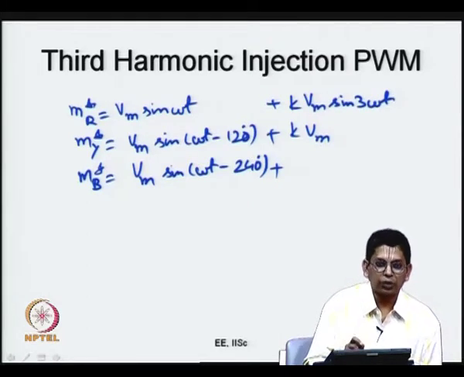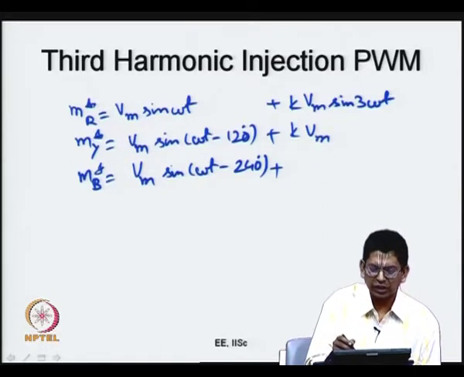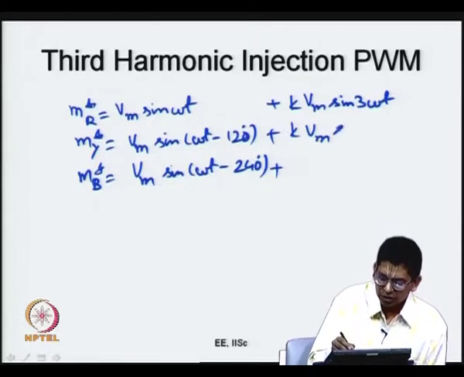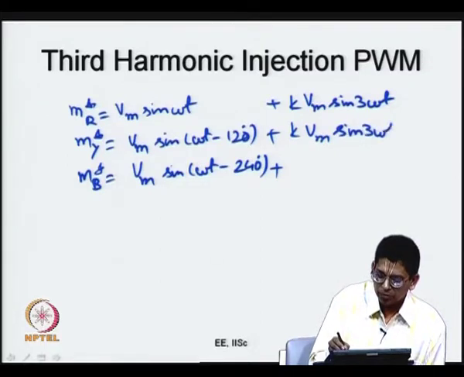This is a third harmonic component, and its amplitude is a fraction of Vm. Now, this fraction can be 0.05, 0.1, 0.16, so on like that. So, it is the same k times Vm sin 3 omega t added in all three phases.